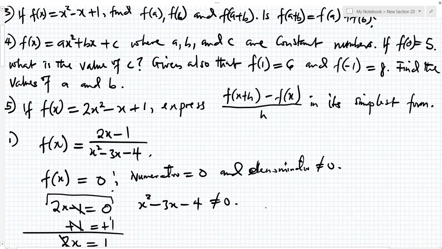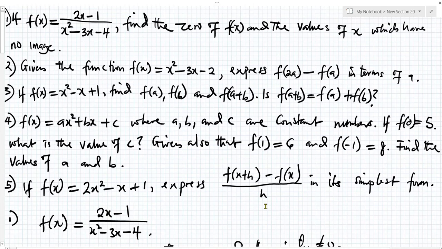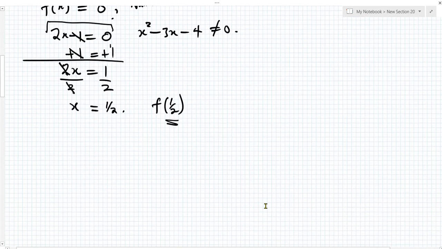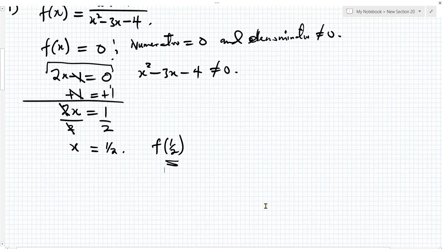So we are also asked to find the value of x which have no image. The value of x where this function has no image, no significant image. So it's at the point where the function is undefined, and the function is said to be undefined if the denominator is equal to 0. That is an infinite number. So a function is said to be undefined when you have a number at the numerator and the denominator is equal to 0.